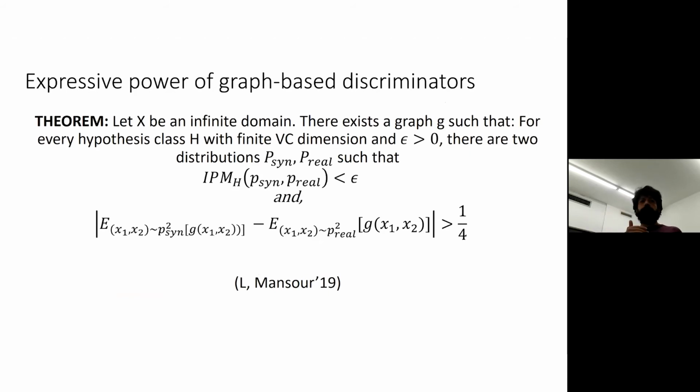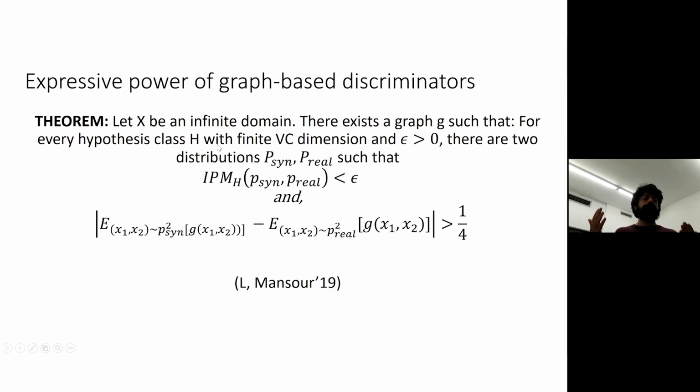So they're indistinguishable. The hypothesis class fails to identify synthetic from real, but the graph that you generated will distinguish between them. I will emphasize the quantifiers here. The graph is universal. It is not defined by the hypothesis class.